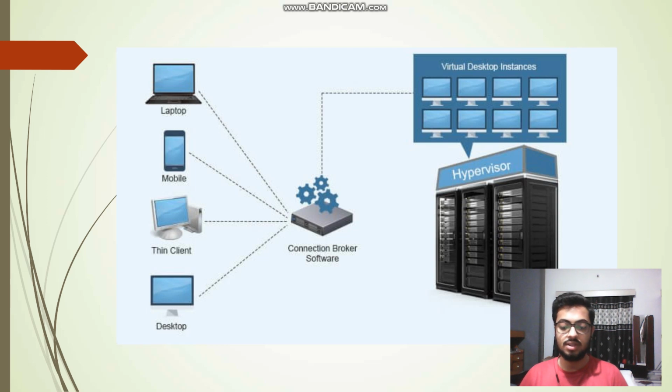The hypervisor installed on the servers creates multiple virtual machines on which the virtual desktop is hosted. The high availability feature in hypervisors can combine the resources of various servers and the virtual desktops can be migrated to another server if needed.